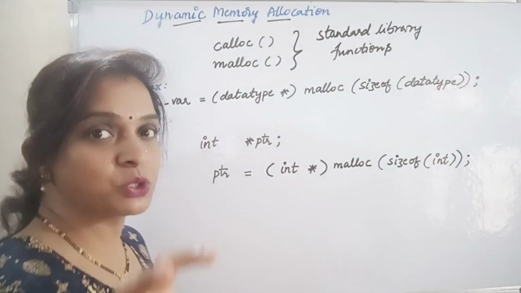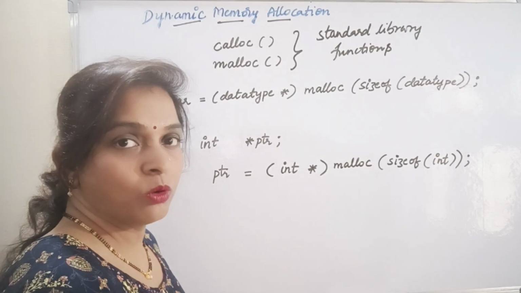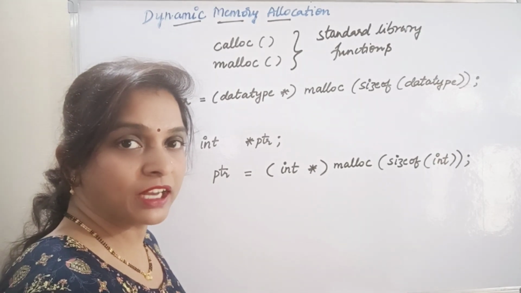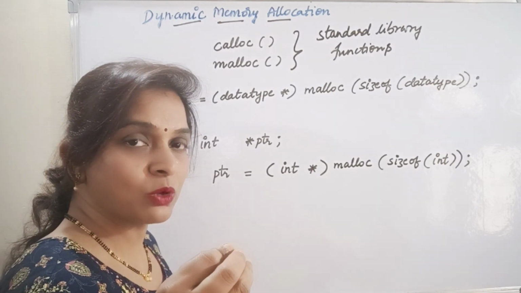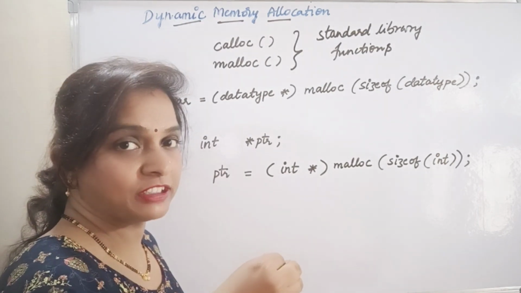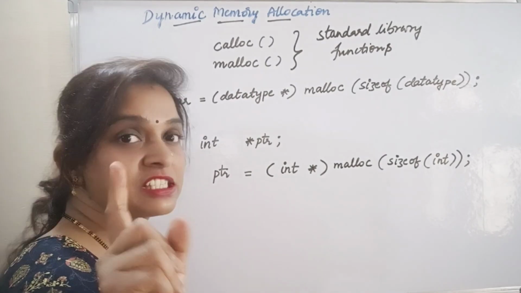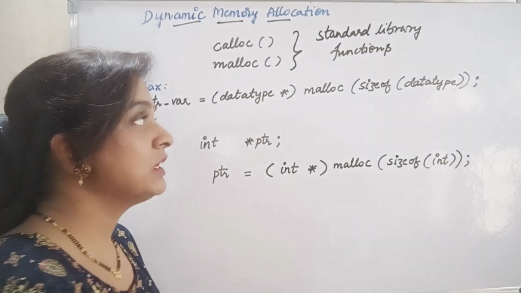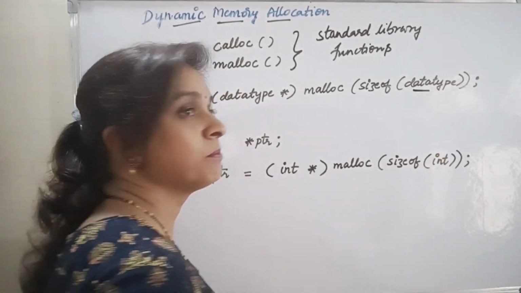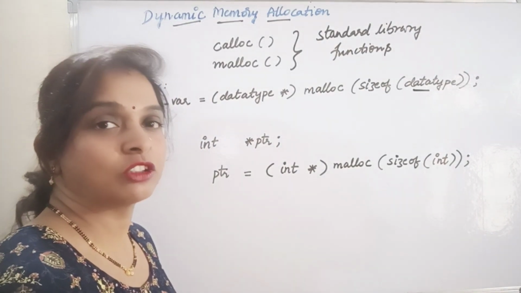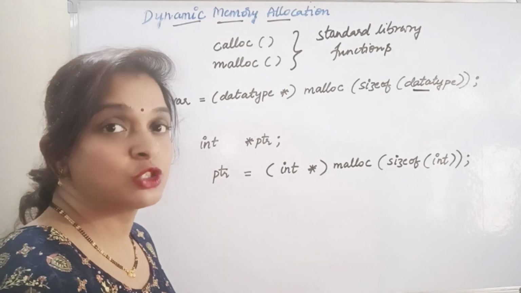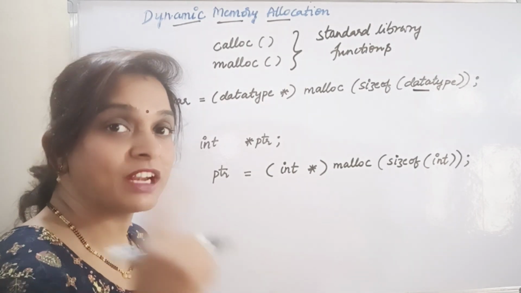If I want to store integer data, the amount of memory that the system has to allocate, I have to specify that. So you have the sizeof operator, which will give you the size of the data type based on the processor that we use. It may be a 16-bit machine or a 32-bit machine. It may consume 2 bytes or 4 bytes for one integer.